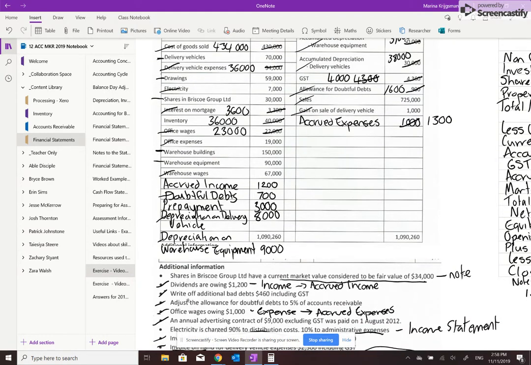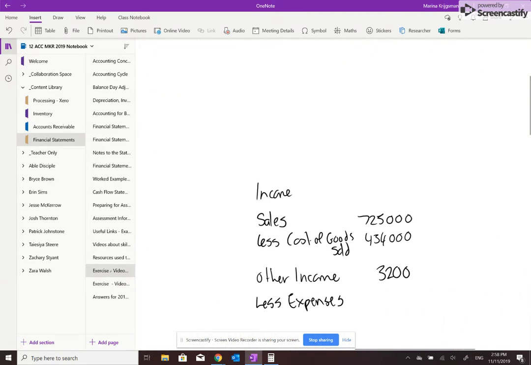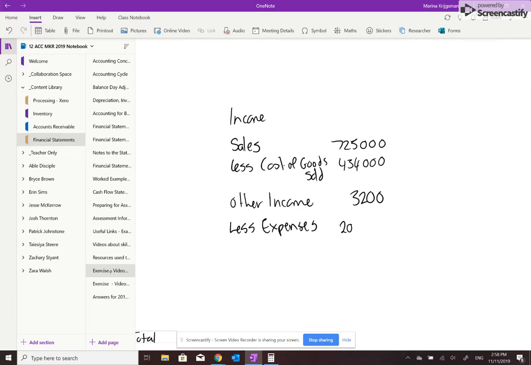So hopefully I'll get it right. So at the moment I'm just adding up all the expenses. So I've got 205,200.